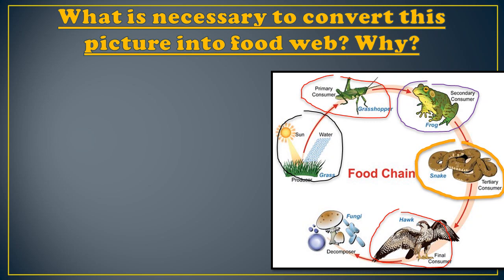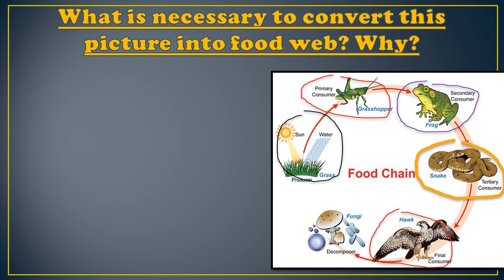The decomposers here, like fungi such as mushrooms and the different types of fungi, will eat up or decompose the different types of consumers after their death. So this is an example of a food chain in which we can observe how one organism is dependent on another for its food.